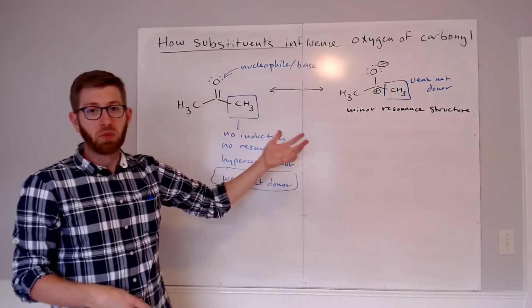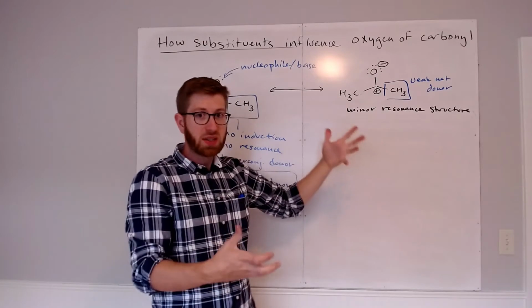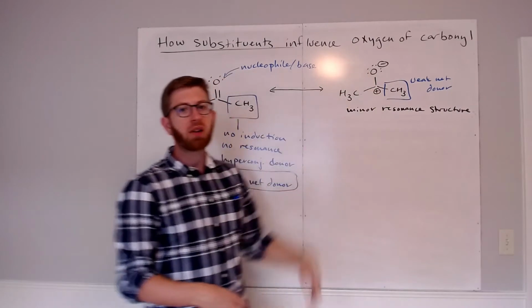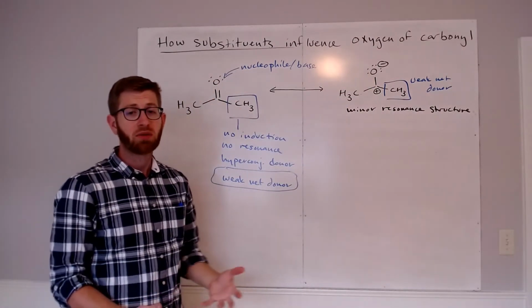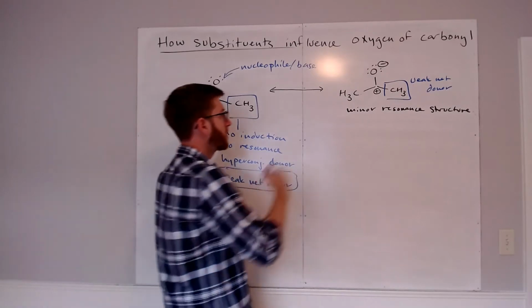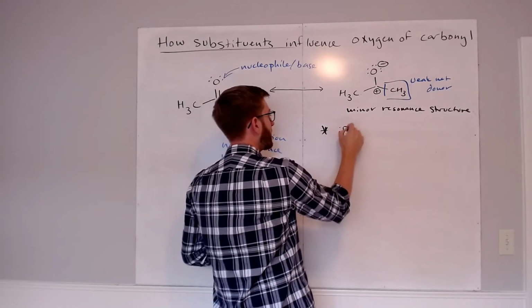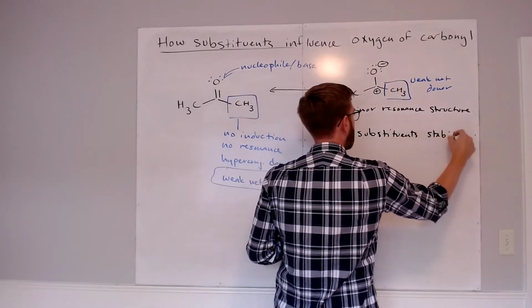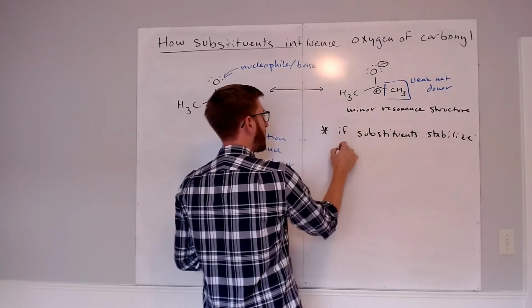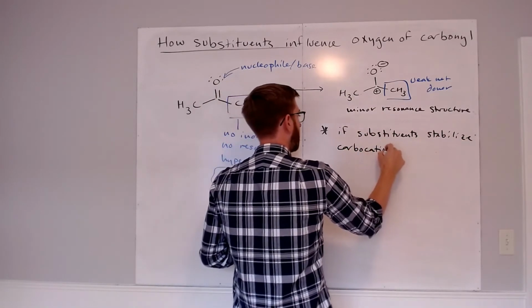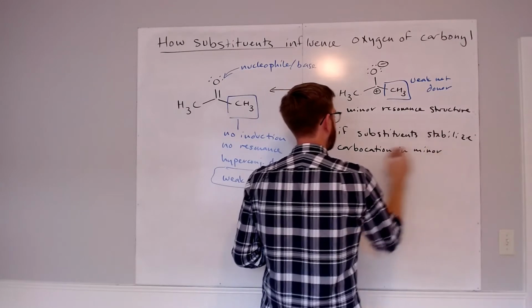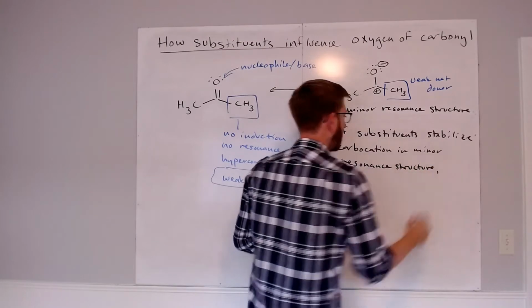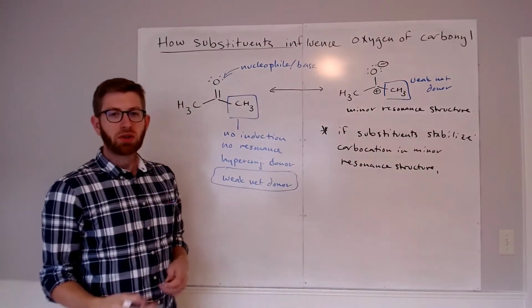And basically what that would mean is that in the resonance hybrid, like the average of these two structures, we get a little bit more of this minor form contributing, and therefore a little bit more negative charge building up on the oxygen. So another way of saying that is, if the substituents stabilize the carbocation in our minor resonance structure, that minor resonance structure contributes more strongly to the hybrid.